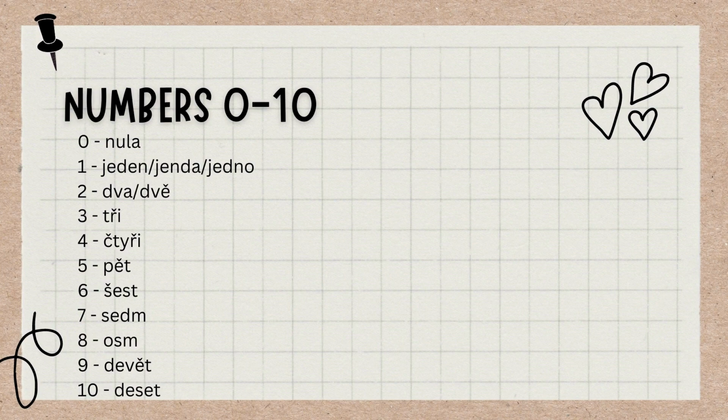Nula. Jeden. Jedna. Jedno. Dva. Dvě. Tři.